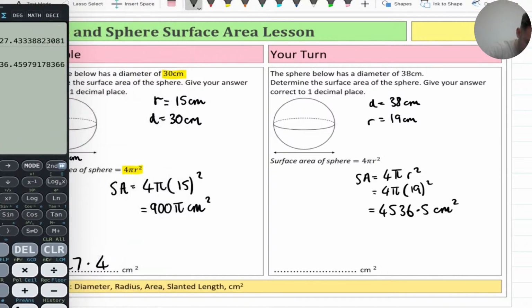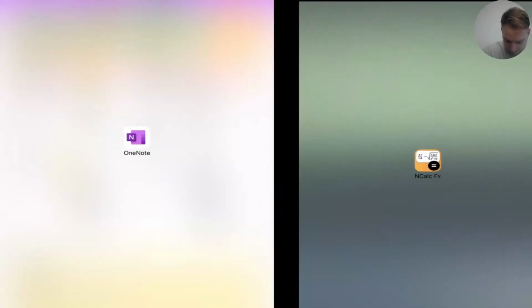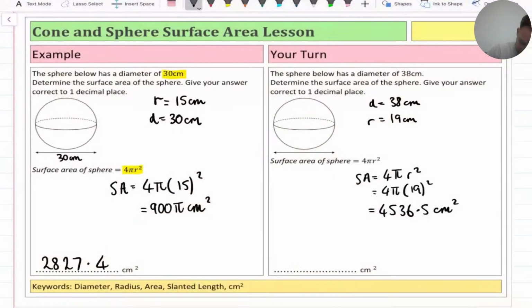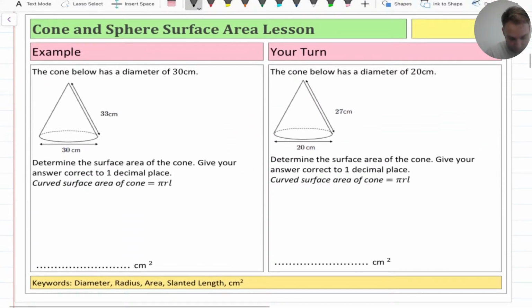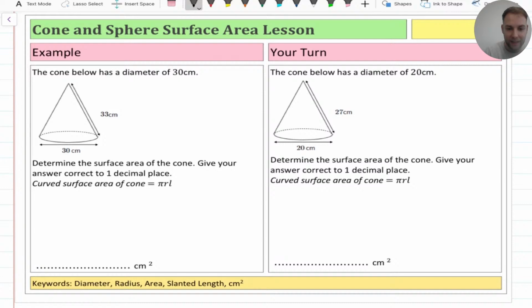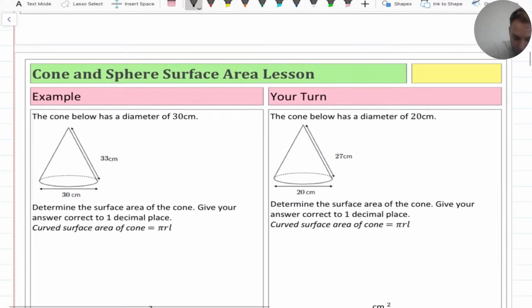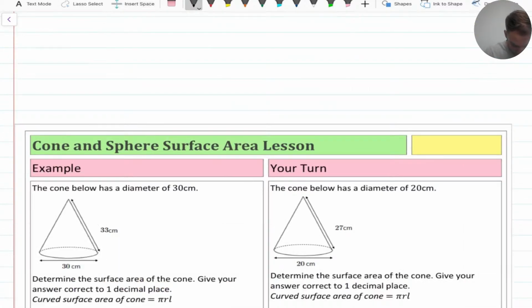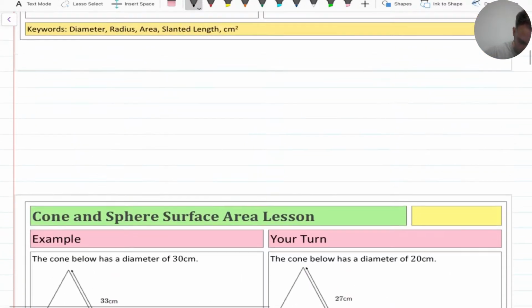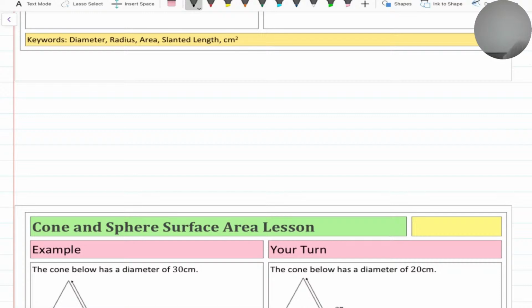So, next one, we're going to have a look at this one now. Now, this is new, okay? Before we do anything, there's a new formula which we need to think about. If I draw a cone like so, remember to draw a cone, draw an oval at the bottom, pick a point at the top, and then connect these two up.